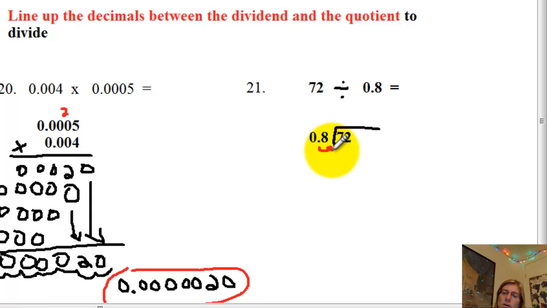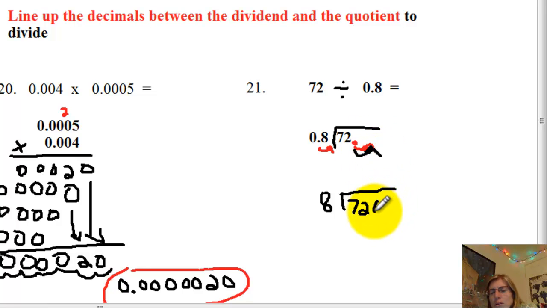So whatever number of places you move over to the right here to make this a whole number, you have to move the decimal place that's here the same number of spaces, which is 1. So you have to rewrite the problem as 8 into 7, 2. Decimal place is moving over. That's an arrow that I tried to make. So it becomes 720 because the decimal is here now.